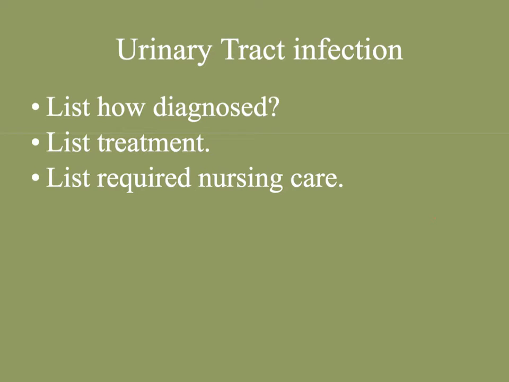Sufficient is usually 1.5 liters of fluid daily. Again, cranberry juice could be a way of preventing urinary tract infections, and cleaning from front to back, especially for women, is really important for them. That's a great way to prevent urinary tract infections.